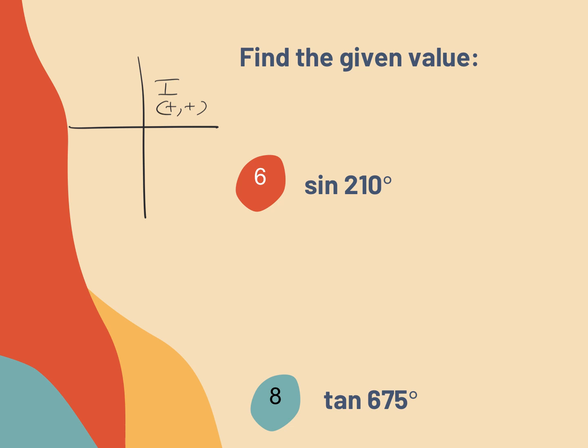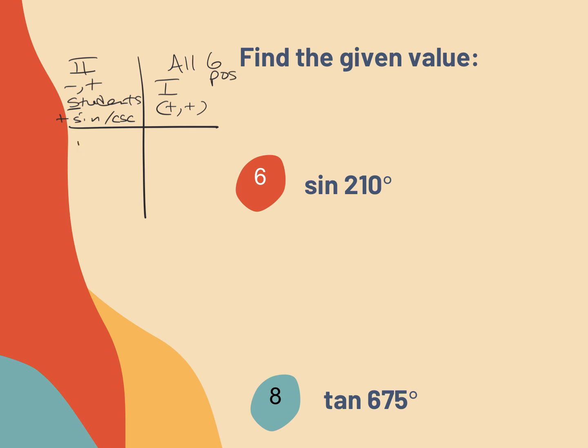Also in quadrant 1, all 6 functions are positive. In quadrant number 2, the ordered pairs are negative, positive. And this is where we saw the word "students," which represents sine and cosecant. These are the only positive functions.